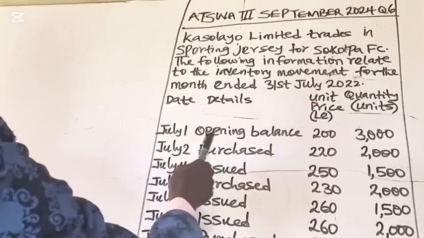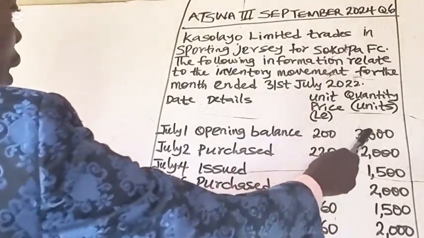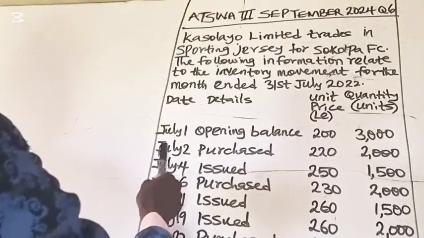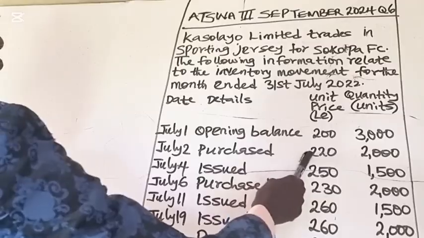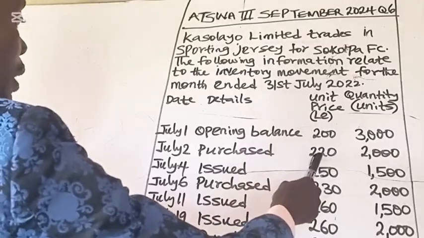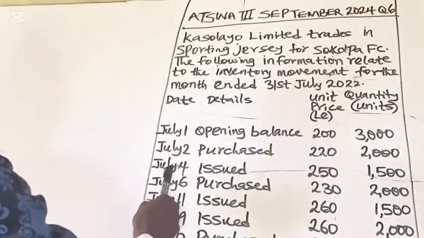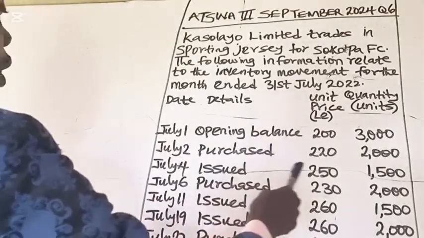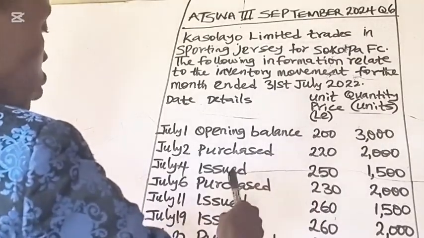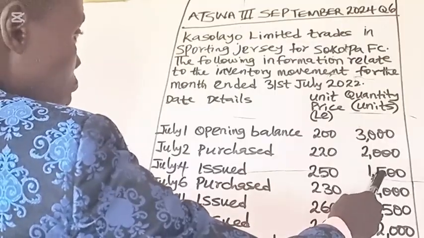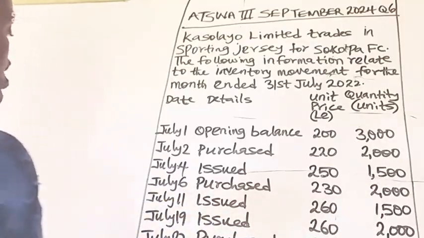July 1st, opening balance of 3,000 units, price is 200. July 2nd, purchased 2,000 units at a price of 220. On July 4, issued 1,500 units, at the price of 250 Leone.